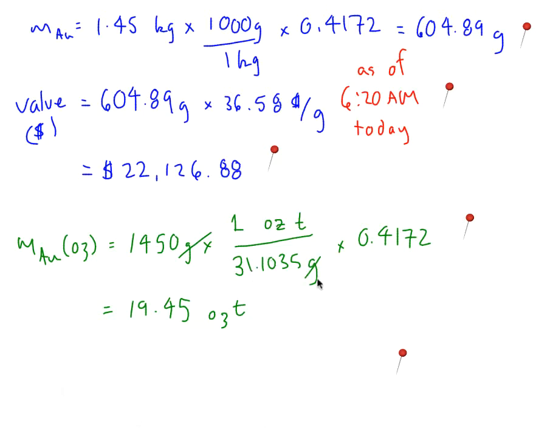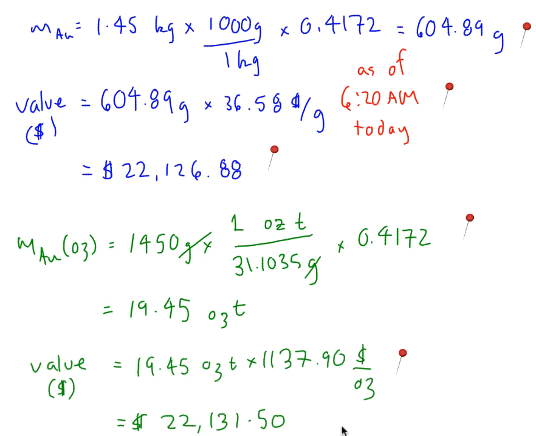So we use that conversion factor, and then we multiply by the same fraction, and we get 19.45 ounces troy of gold in our gold(III) phosphate. And we simply multiply that then by the price per troy ounce, which gives $22,131.5. So it is pretty much the same value, within $5. That's not too bad for using 2 different conversion methods.